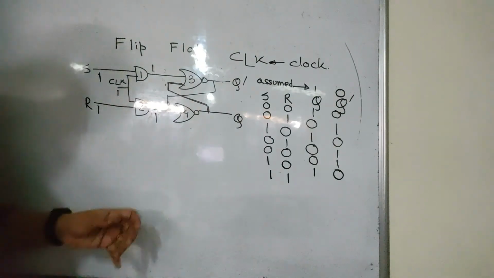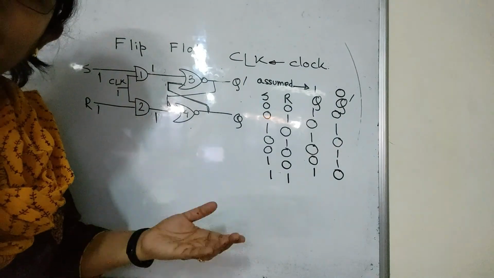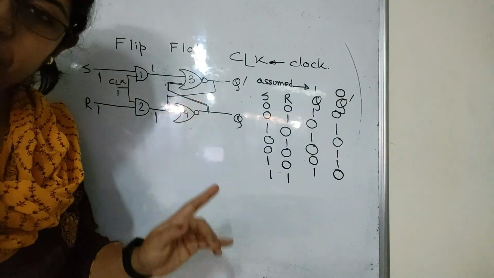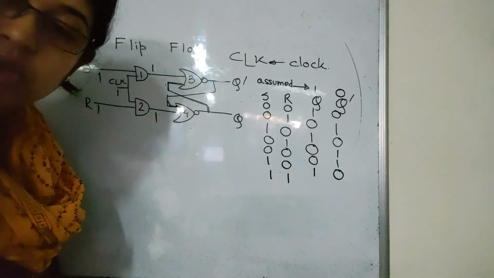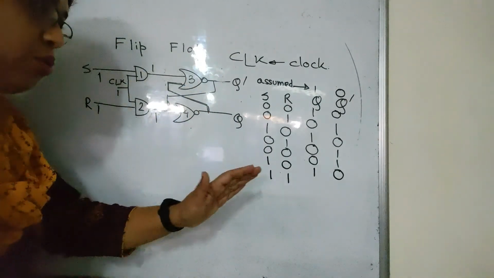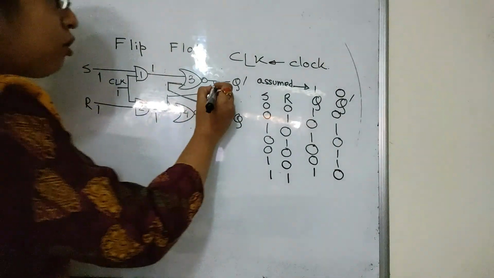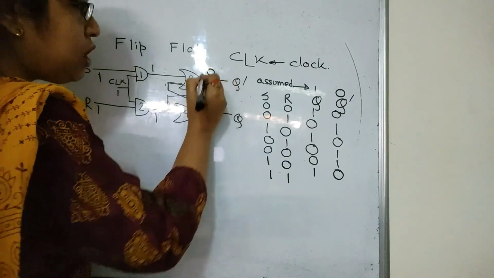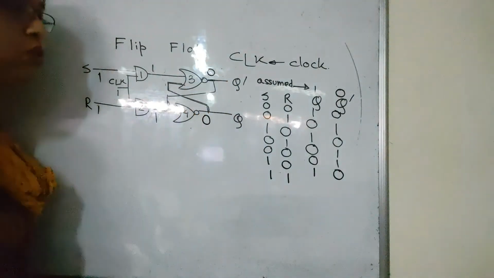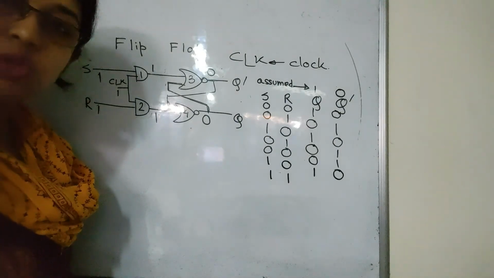So now, NOR gate number 3 and 4 both have got high inputs. So therefore, according to the truth table of NOR gate, both of these NOR gates are going to give me an output of 0, 0.